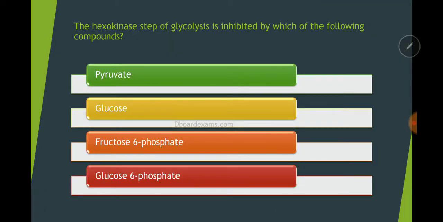The hexokinase step of glycolysis is inhibited by which of the following? Remember, we say the hexokinase is inhibited by G6P. So the answer is glucose 6 phosphate, G6P. Simple review questions.